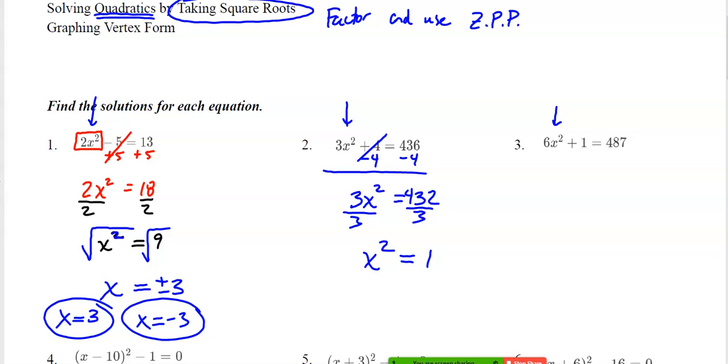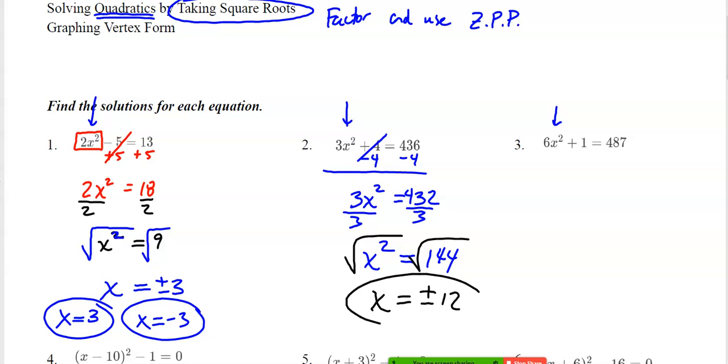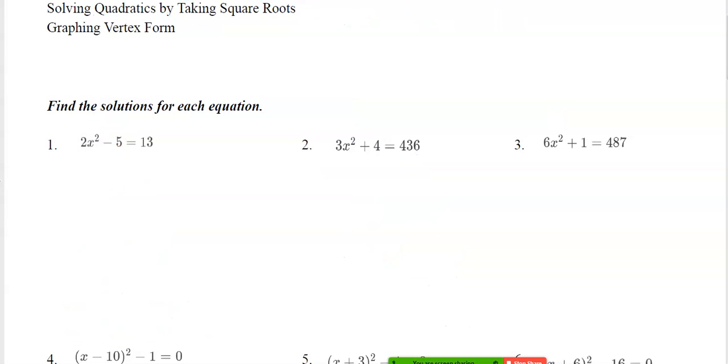I think it's 144. And when I take the square root of both sides of that, it's positive or negative 12. So, pretty similar to regular algebra with that little twist at the end with the square roots. I'm going to let you knock out number 3. And we're going to come down, and I'm going to do number 4 with you.